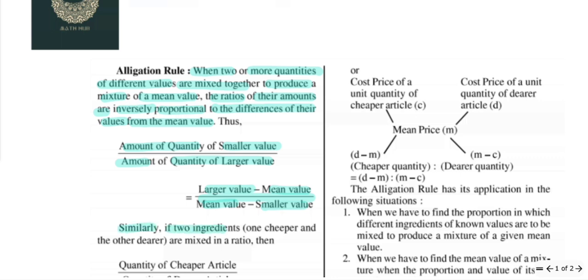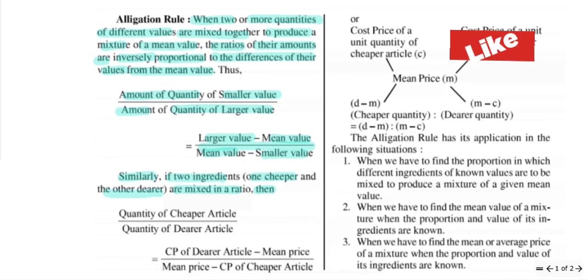Similarly, if two ingredients, one cheaper and the other dearer, are mixed in a ratio, then quantity of the cheaper article over quantity of the dearer article equals cost price of dearer article minus mean price over mean price minus cost price of cheaper article.